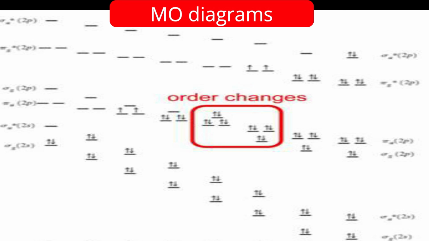Due to that decrease, sigma 2pz can peacefully be of low energy in the case of oxygen, in the case of molecules of oxygen and higher atomic number. The crossover diagram is a general explanation I am giving. The true explanation, on the basis of symmetry, on the basis of the LCAO method, on the basis of interaction, you will understand more correctly next year.